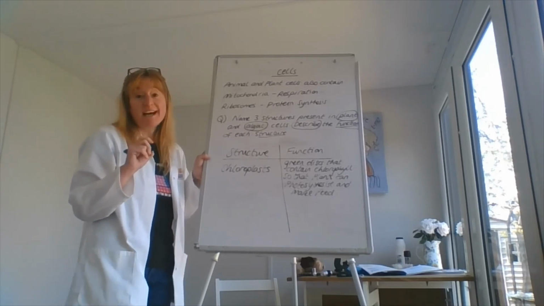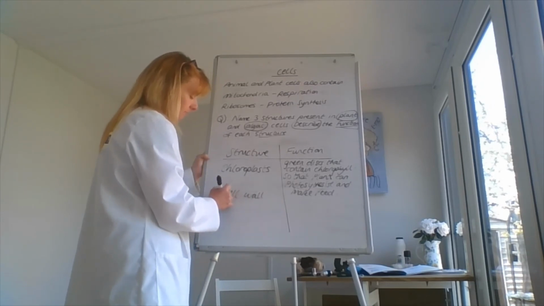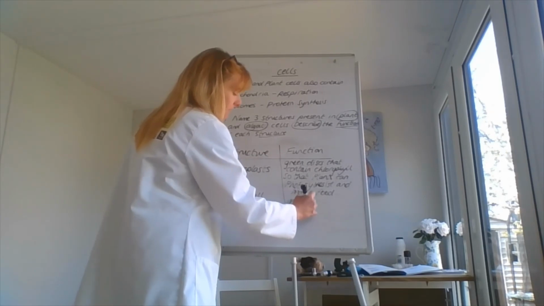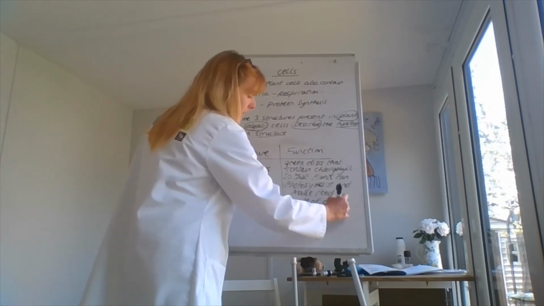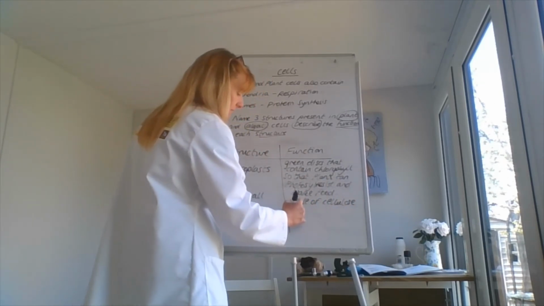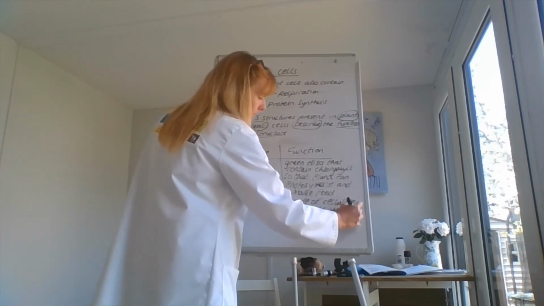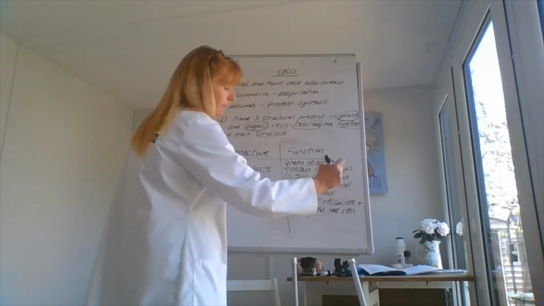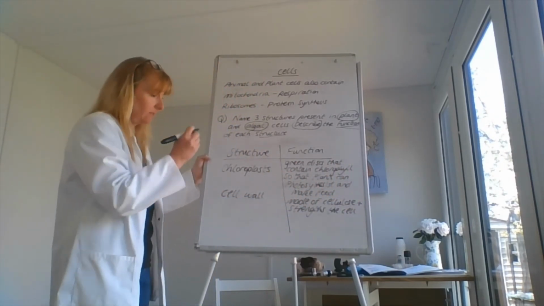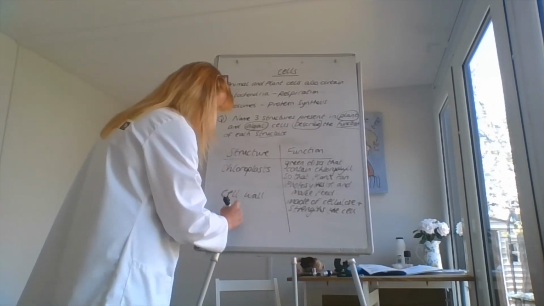Plant cells also have a cell wall, so I'll write that in there. Great. And the cell wall is made of cellulose, and we also said that the cell wall strengthens the cell. Put a little hand sign there, made of cellulose and strengthens the cell. And finally, we've got 2 marks there, so we need 1 more, and we're going to say vacuole.